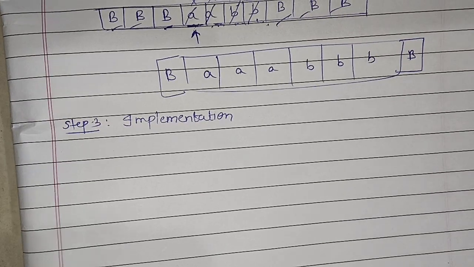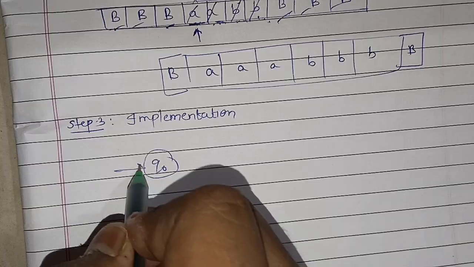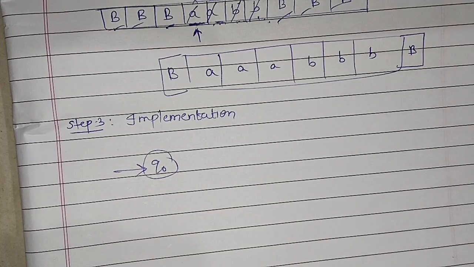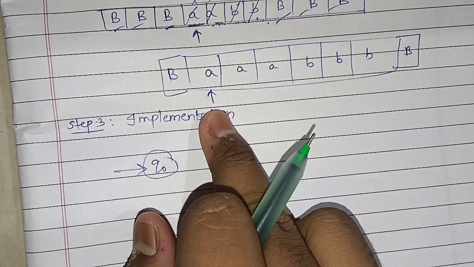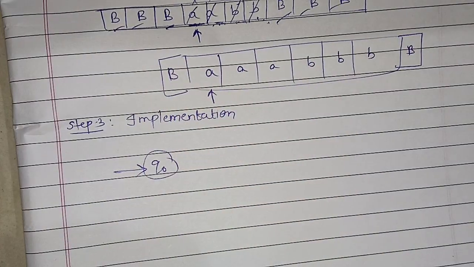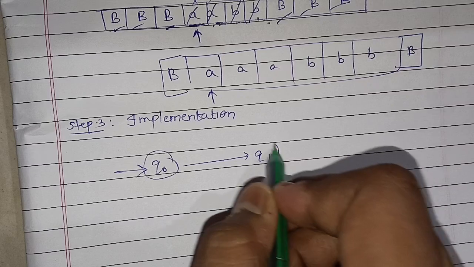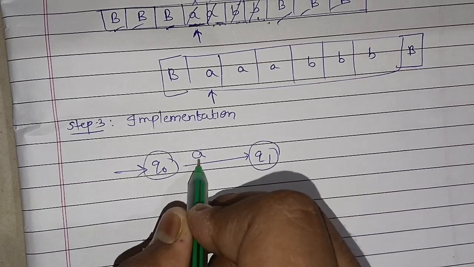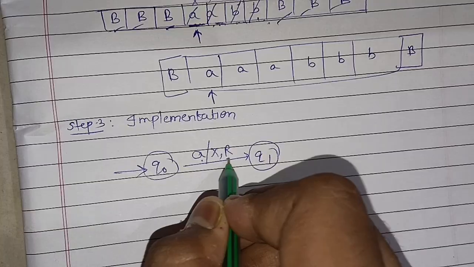Now I will start with the starting state. What I will say, the tape head is pointing here. If you receive a, go to the q1 state, make the a as X and move right.